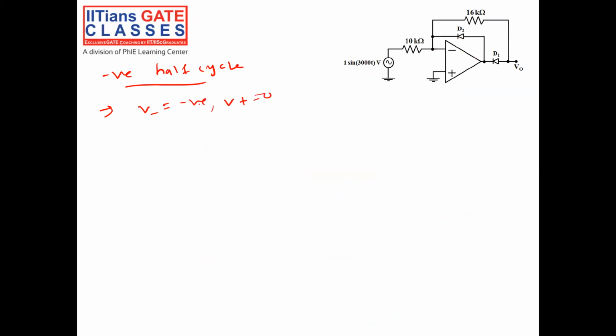Since V positive is more than V negative, I am expecting a plus V sat here. So when there is a plus V sat, D1 will be reverse biased and D2 will be forward biased.